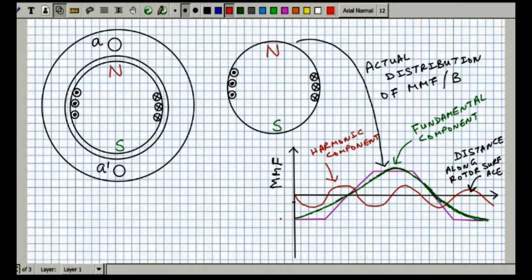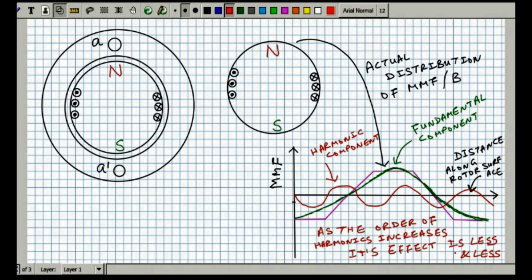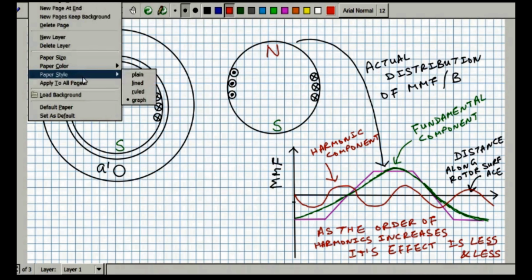So we say this one thing in particular: as the order of harmonics increases, its effect is less and less. That is what is true.